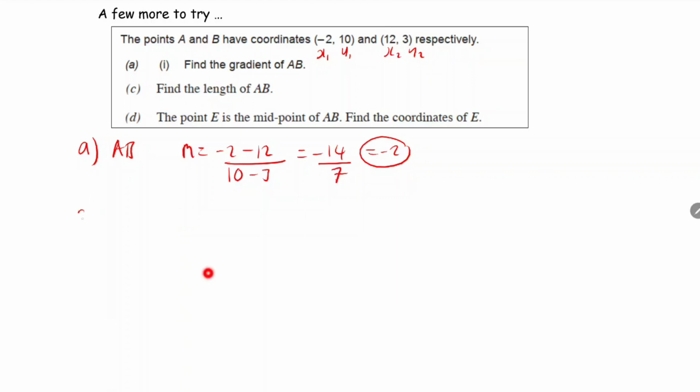Our length, notice I've taken part B out of this question. So part C, find the length of AB.